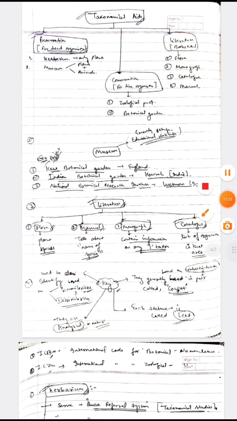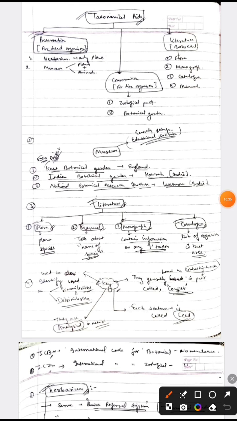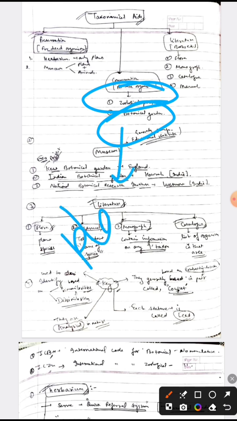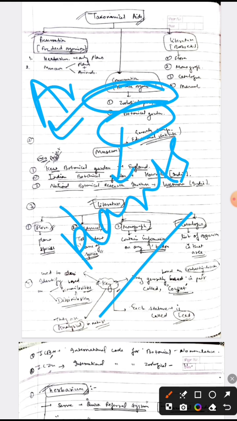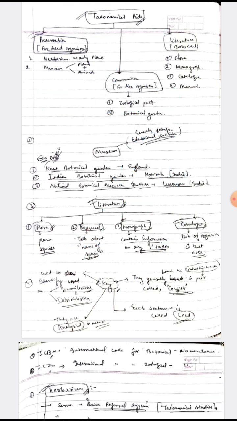Second is conservation of living organisms. We use zoological parks where we can conserve our endangered species like lion, tiger, etc. And the second is the botanical garden where we can conserve plants only. So in a zoological garden we can conserve animals only, and in a botanical garden we can conserve plants only.